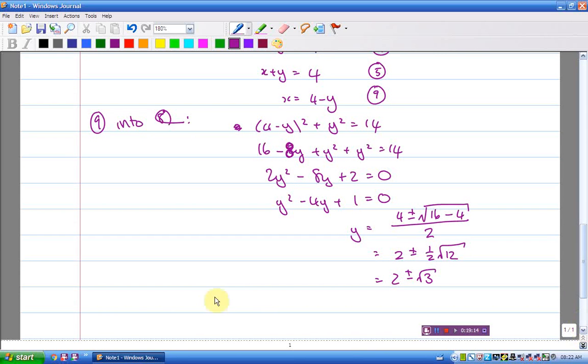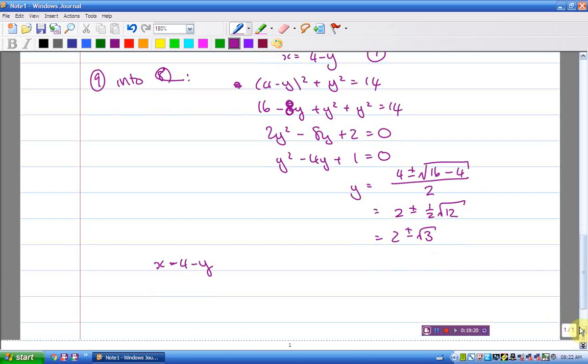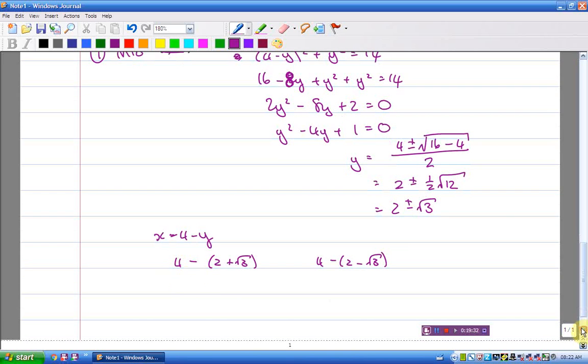And x is 4 minus that. Four minus 2 plus root 3. 4 minus 2 minus root 3. It becomes 2 minus root 3, 2 plus root 3.